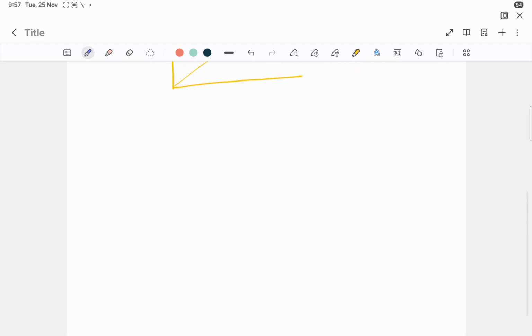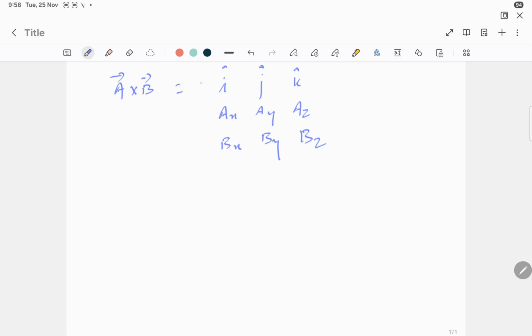We know that for any cross product, A cross B is given by the determinant with i, j, k. If vectors are given in component form, then it becomes Ax, Ay, Az, and Bx, By, Bz.